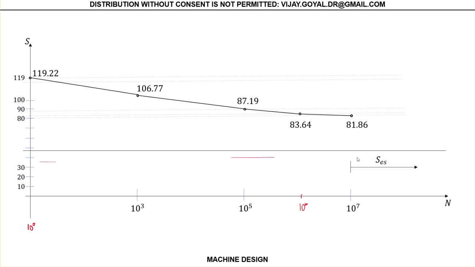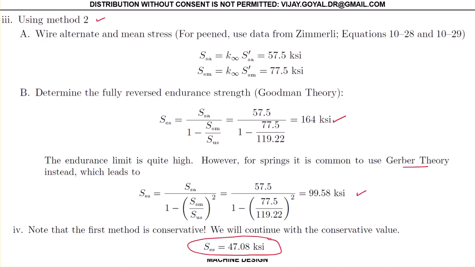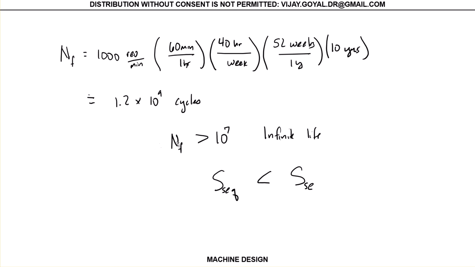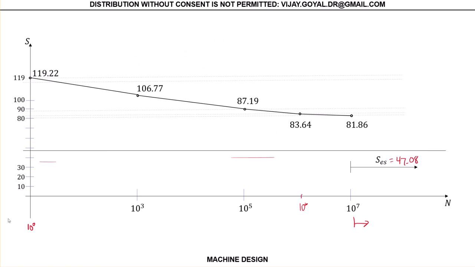So we want everything here. This was equal to 40, we got it from here, 47.08. So your sigma equivalent has to be less than this because this is what we want to design for. Remember, we got this from the beginning of the problem. So we know that this is indeed an infinite life problem. It's bigger than 10 to the 7. So in that case, we have to design for infinite life.